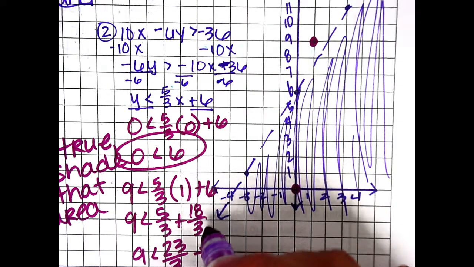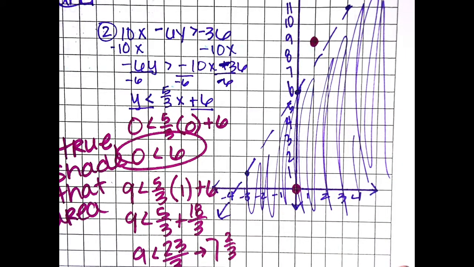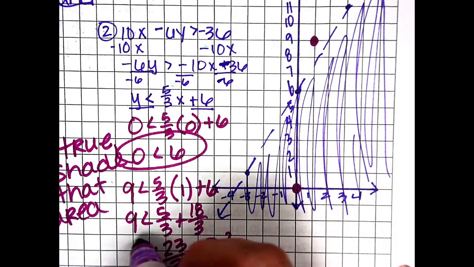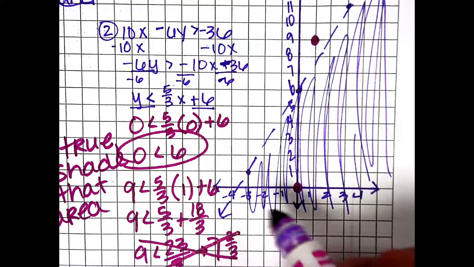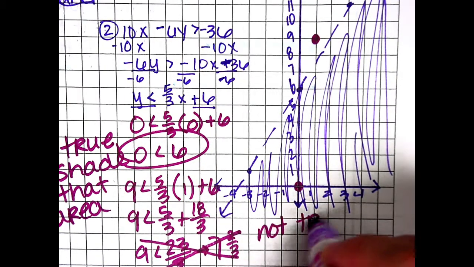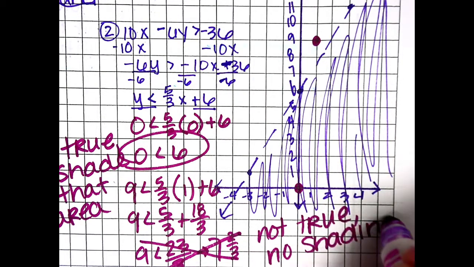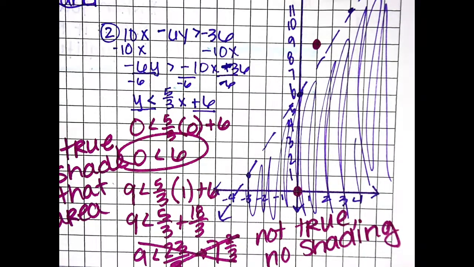And 23/3 is, so we can use it easier, 7 2/3. So 9 is less than 7 2/3. That is not true. So there would be no shading. Okay.